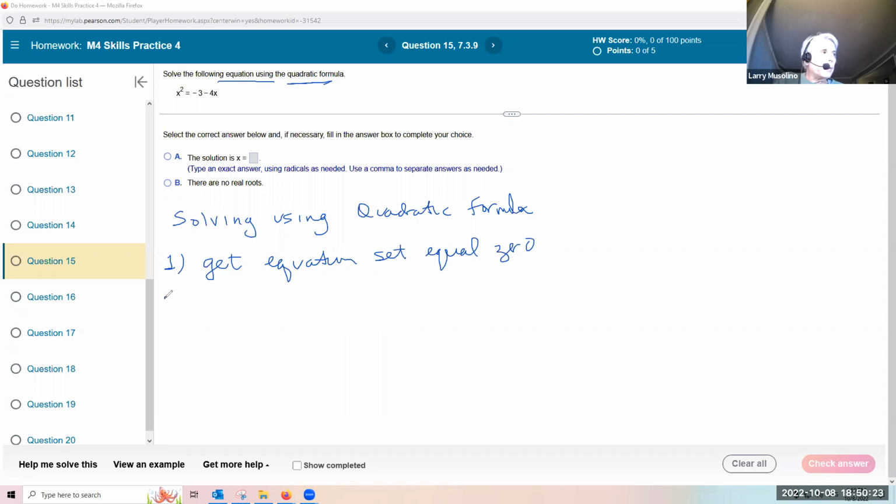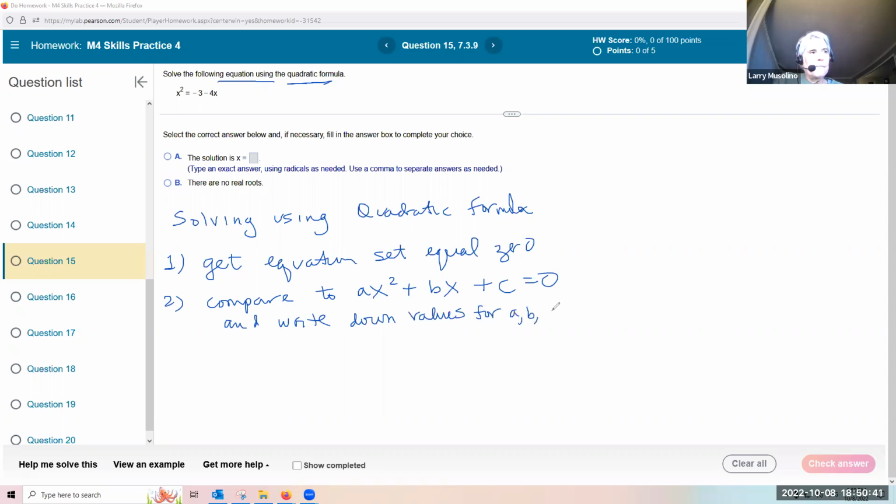Then compare the equation to the standard form. It looks like ax squared plus bx plus c equals 0. And write down the values for a, b, and c. Step 3, plug these numbers for a, b, and c into the quadratic formula.